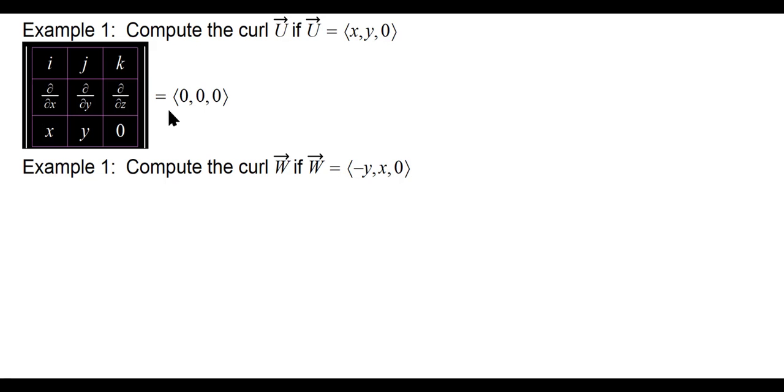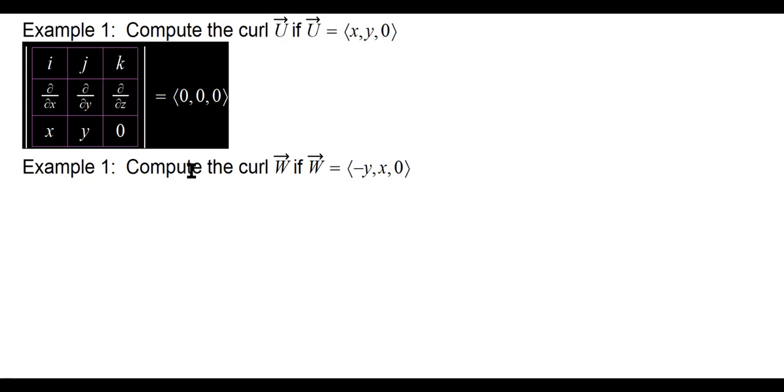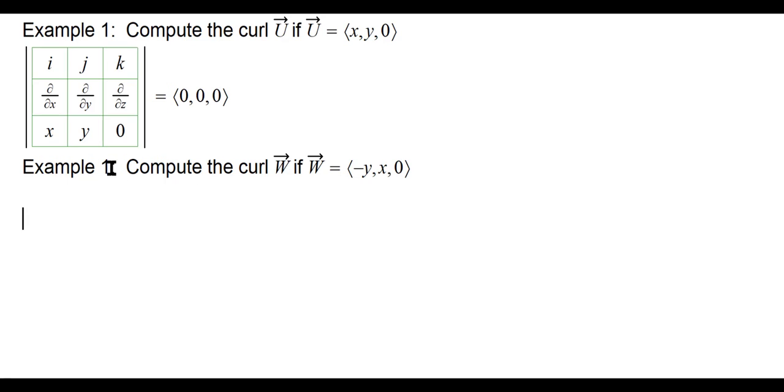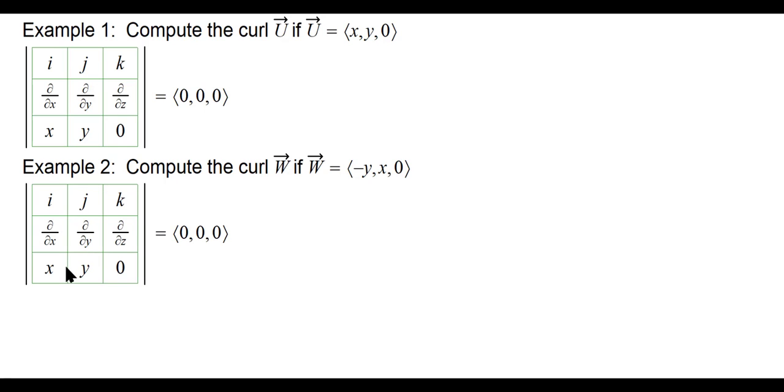If I did that, what will I get here? This will be example 2. So this is negative y, this is x, this is 0.